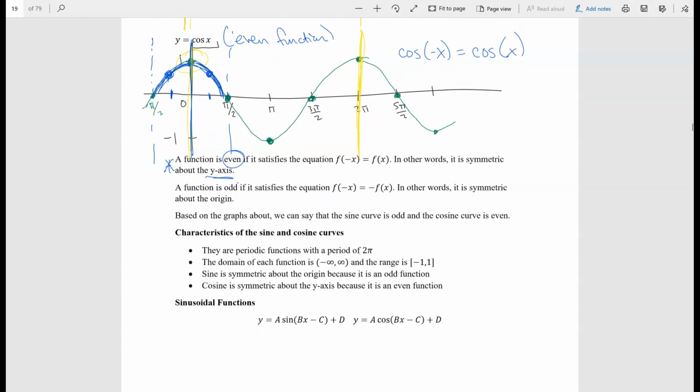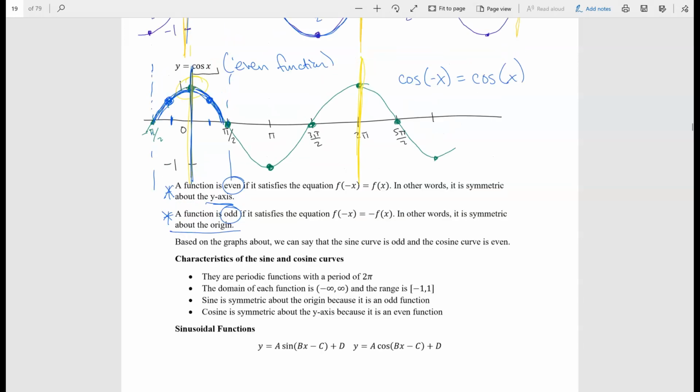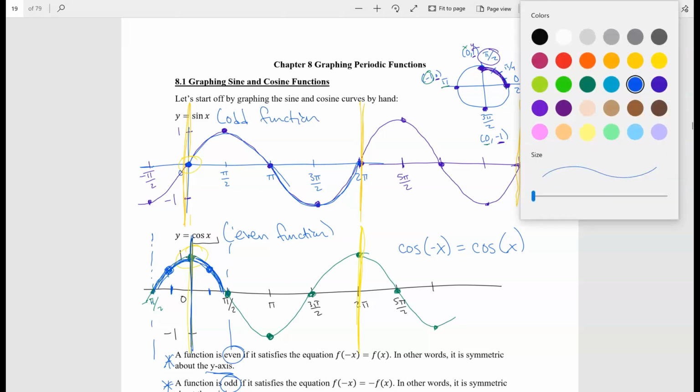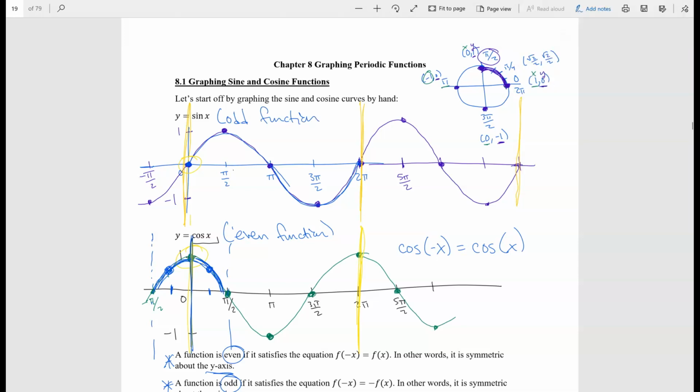A function is odd if when I plug in the negative, I get the negative of the y value. This is what we call symmetric about the origin. The sine function is an odd function. One way to see this is that if I plug in pi over 2, I get 1.